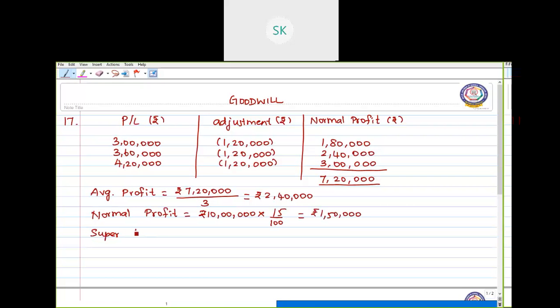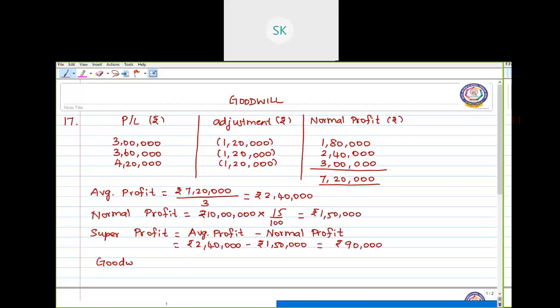Now to find out the super profit, subtract normal profit from the average profit. That is rupees 2 lakh 40,000 minus rupees 1 lakh 50,000. So you'll get the answer as rupees 90,000.